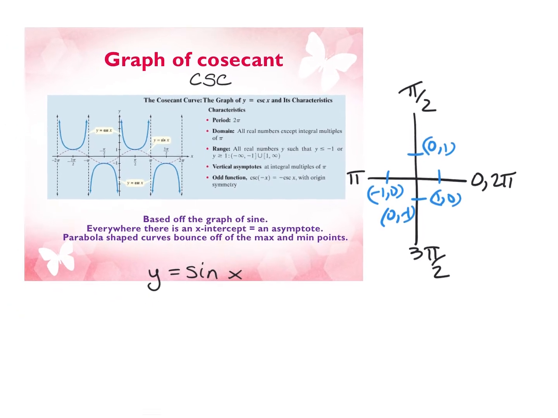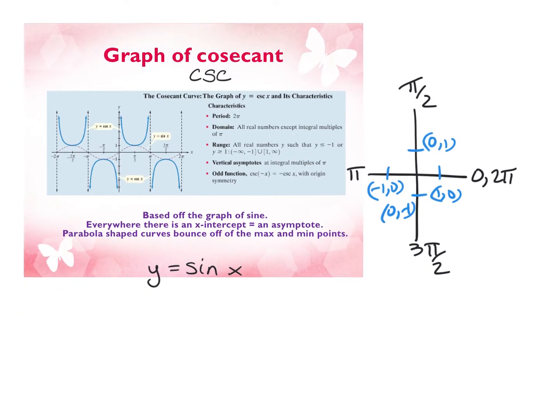So just like before with the sine graph, when you did, for example, sine of pi, you'd come over here, and remember sine looks at y. Originally it was y over r, but now we're just looking at y.